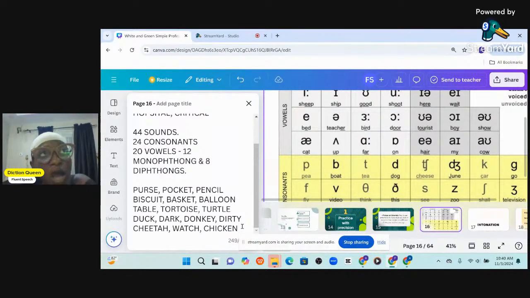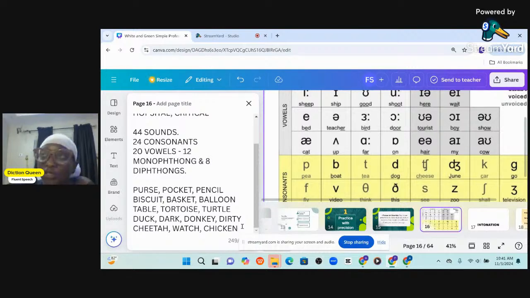Chicken. If you are like my dad, you will always mix up the CH sound and the SH sound. These two sounds are different. The first sound, ch. Put your teeth together and release the sound, ch. The second sound, sh.